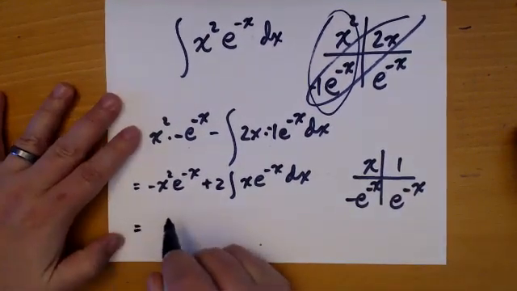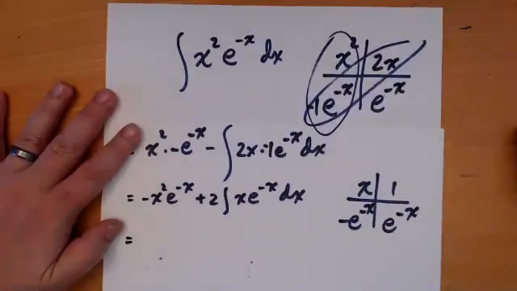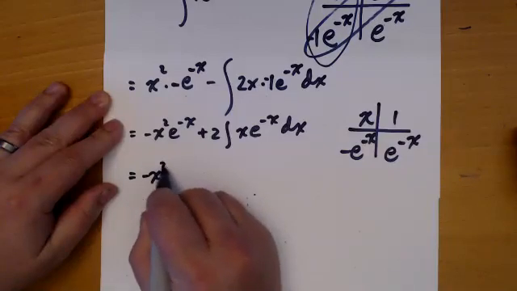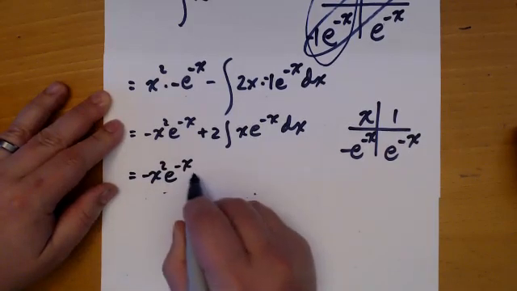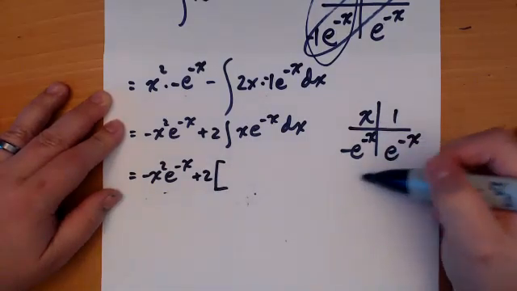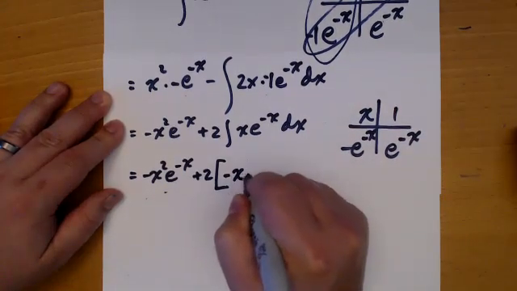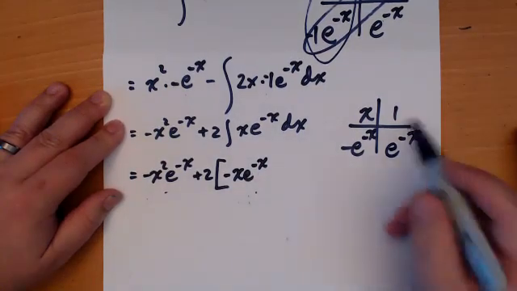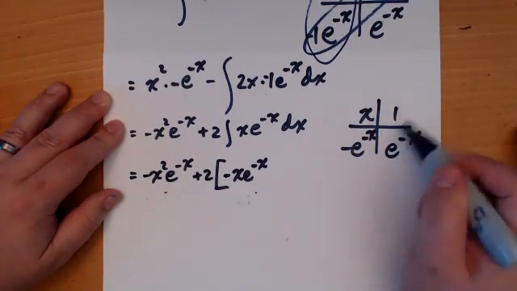Now, do not lose your coefficients. It's a great way to screw this up. So it's this minus the integral of that.